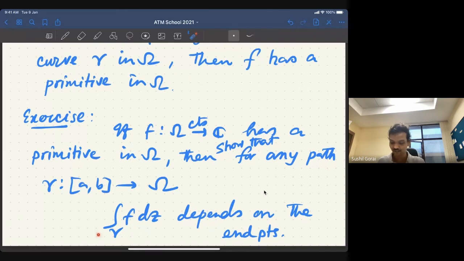So you have to take this integral in the form of integration over the interval ab of certain functions, and then you apply the fundamental theorem of calculus. Just taking this into that form is the work, nothing else.